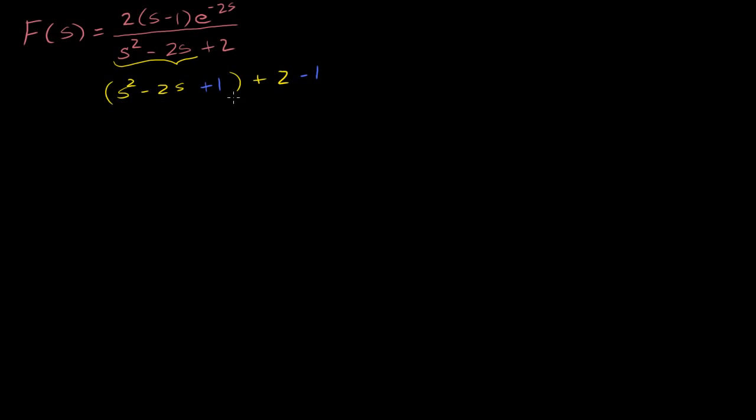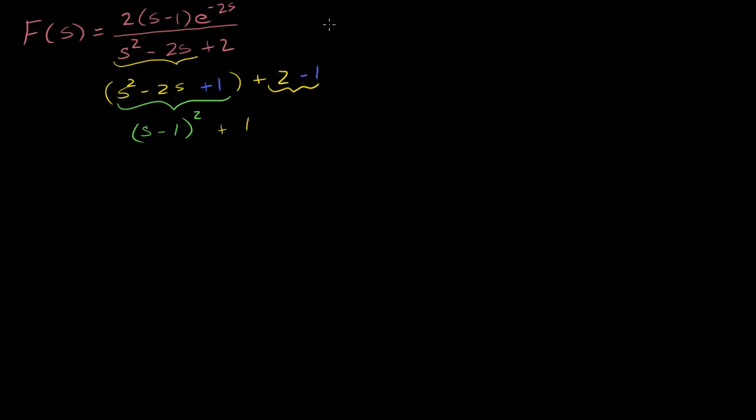But by doing this, I can now say that this expression is s minus 1 squared. And then this stuff out here is 2 minus 1, which is just plus 1.